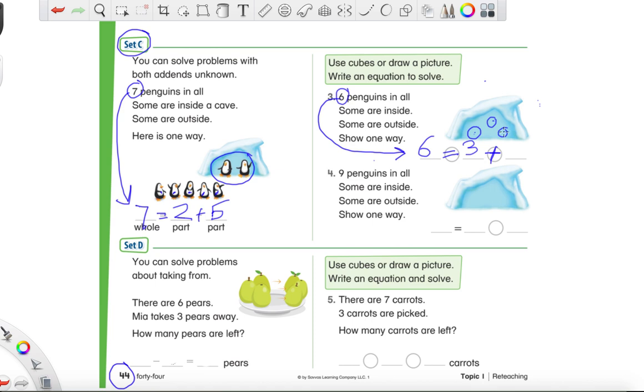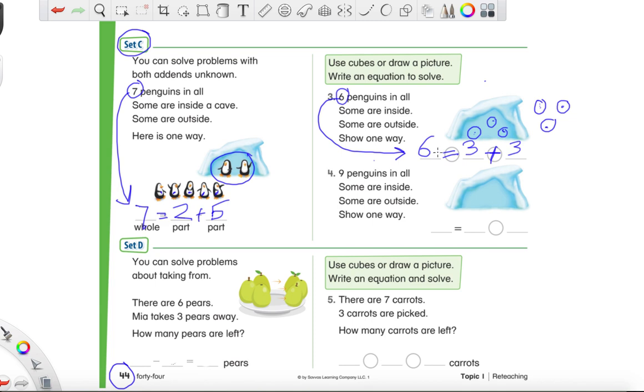I'm now going to draw more circles and count all the way up to 6. From 3, so I'm counting on. So 4, 5, and 6. So we now have 6 circles drawn in all. I need to count how many circles I drew on the outside of the cave. 1, 2, 3.